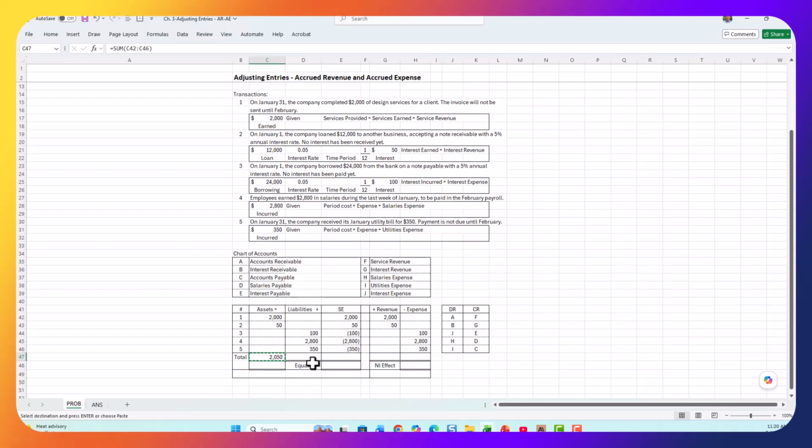Liabilities changed by a positive $3,250. $100 of interest payable, $2,800 of salaries payable, and $350 of accounts payable. Stockholders' equity changed by a negative $1,200, since the adjusting entries for revenues were less than those for expenses.